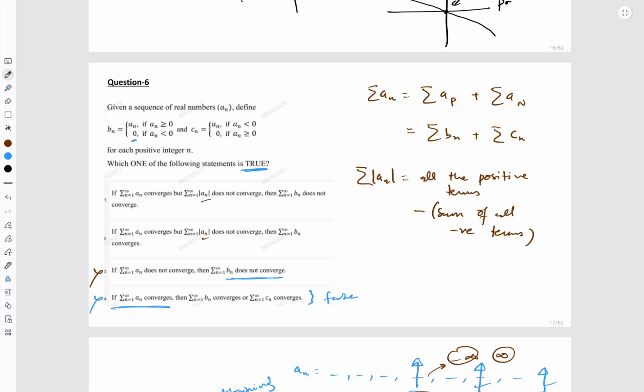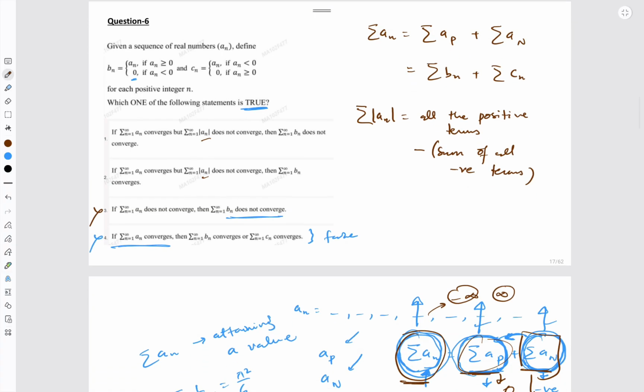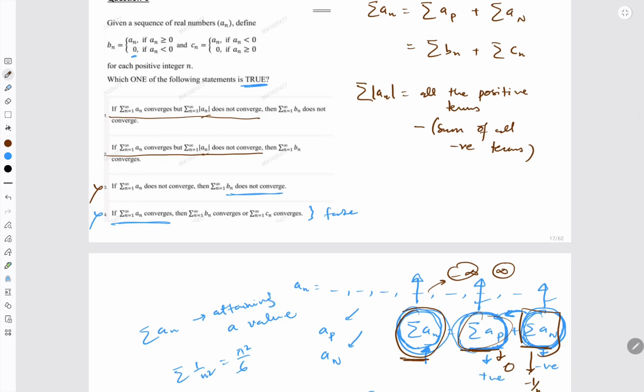That is mod an. Now if we have this clear, we can actually understand this question. In these two options, this part is common. So let us understand what it means.